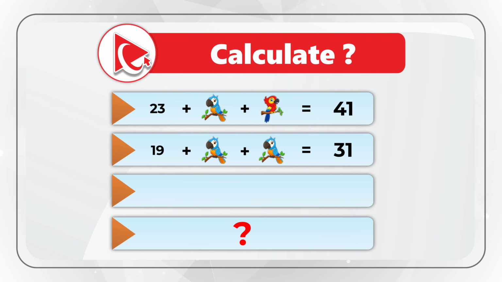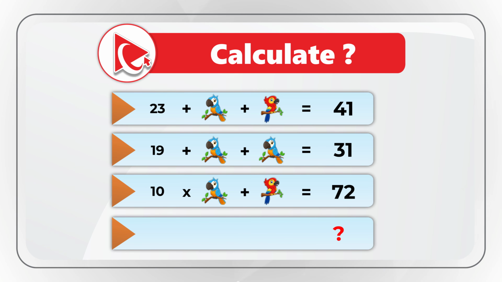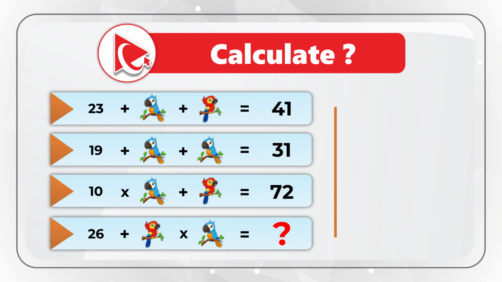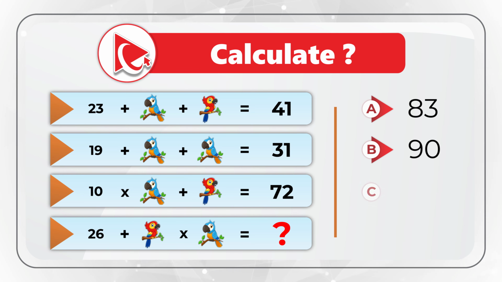Third equation is 10 multiplied by blue parrot plus red parrot equals 72. And last but not least, the expression is 26 plus red parrot multiplied by blue parrot equals the missing value. You need to select the missing value out of 4 possible choices. Choice A, 83, choice B, 90, choice C, 98, and choice D, 107.